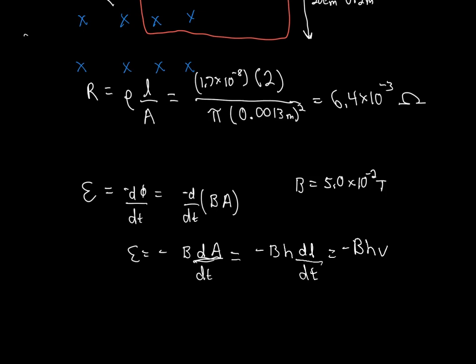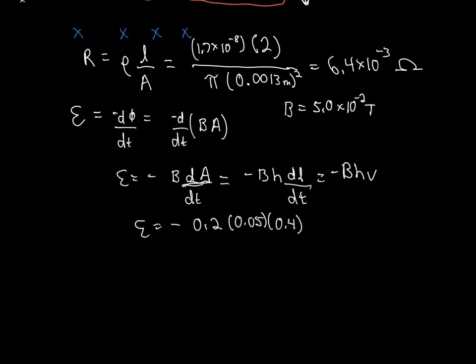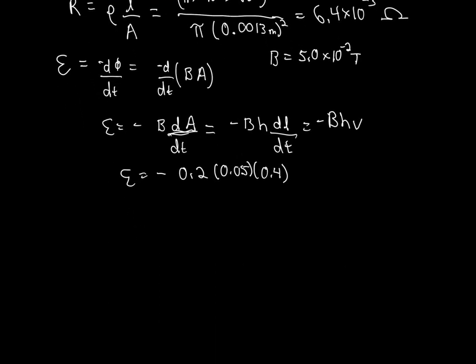And they gave us all of those numbers. EMF is equal to negative 0.2 times 0.05 for the magnetic field times 0.4 for the velocity. Plug all your numbers in, you get the EMF is going to be equal to 4 times 10 to the negative 3.